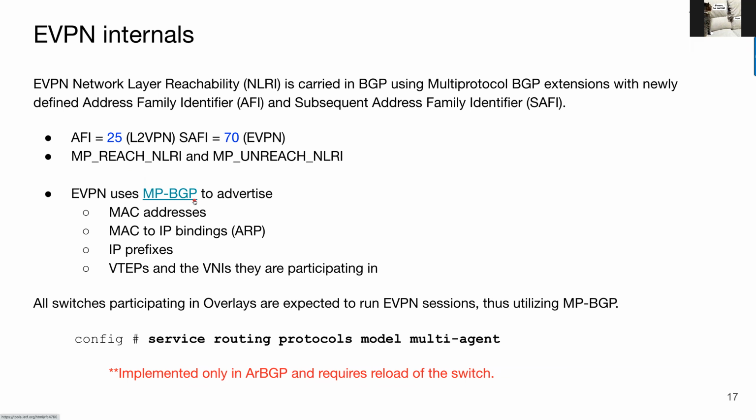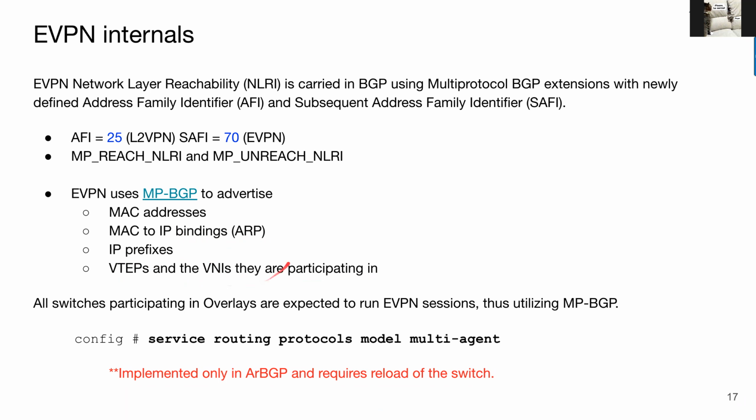EVPN uses multi-protocol BGP to advertise MAC addresses, MAC plus IP information, aka ARP, IP prefixes, as well as the VTEPs and the VNIs that they are participating in.